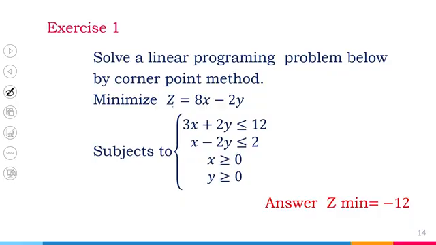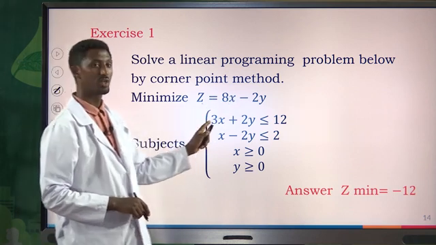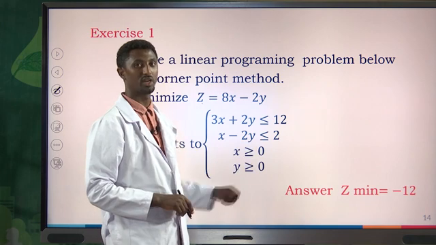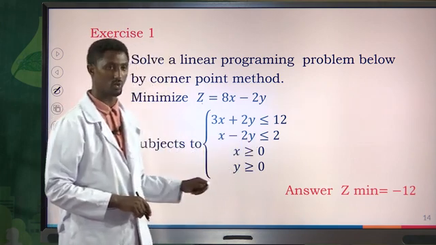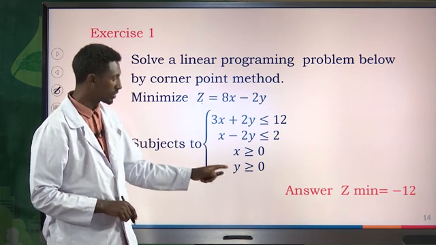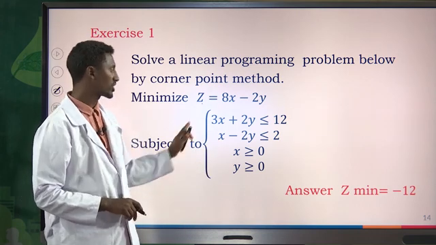Solve the linear programming problem below by the corner point method. Minimum value of z, where z is 8x − 2y subject to 3x + 2y ≤ 12 and x − 2y ≤ 2, x ≥ 0, y ≥ 0. So what is the procedure?